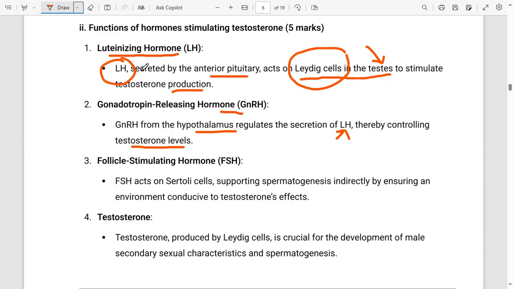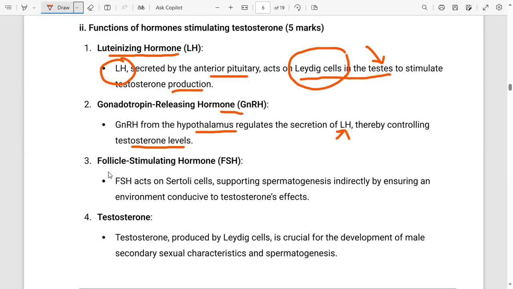So if you have a lot of sperms in you, this gonadotropin releasing hormone will signal, or it will regulate the production of this LH, and then the production of testosterone will reduce like that.